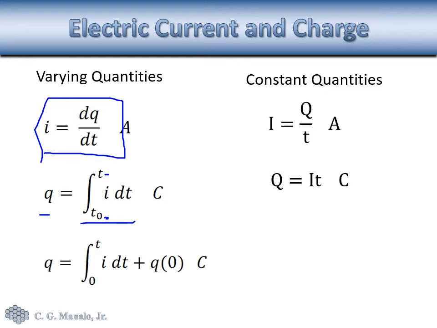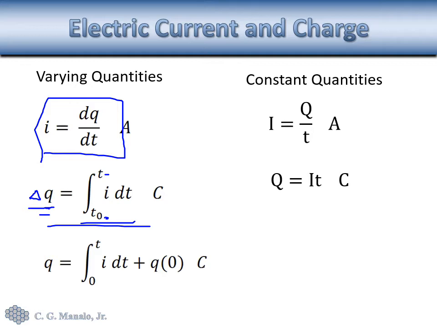This equation gives us the amount of charge that flowed between these two time points, t sub 0 and t. So actually, what we get here is the delta of q, the amount of charge that has flowed between these two times.